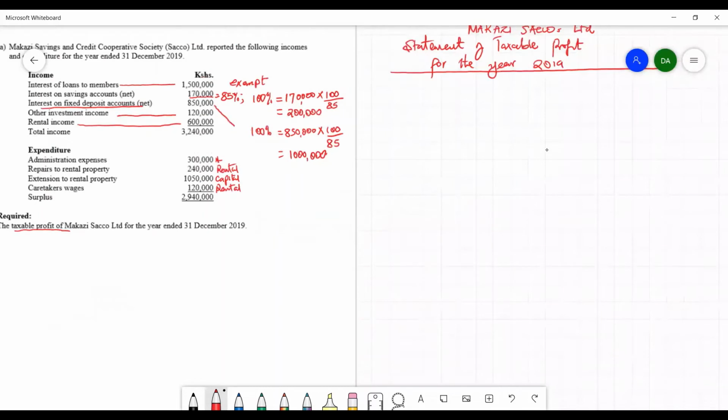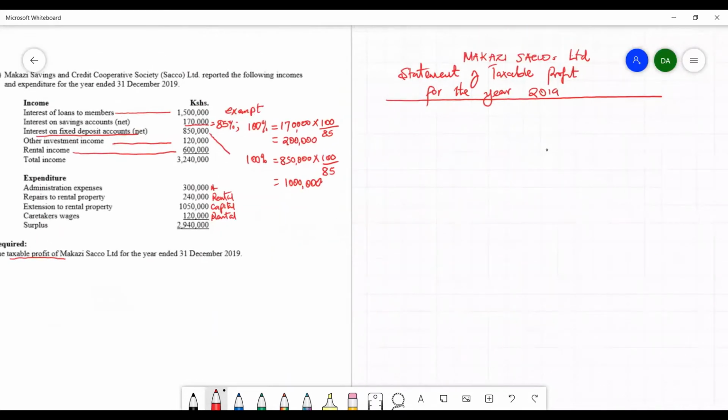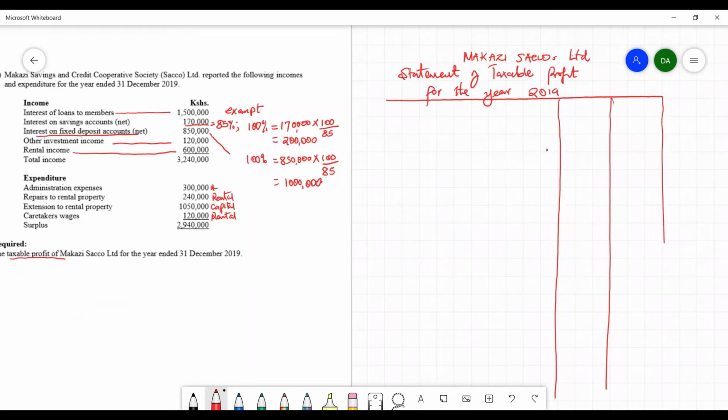So this is the structure of the statement of taxable profit or statement of taxable income. Begin with incomes as follows.